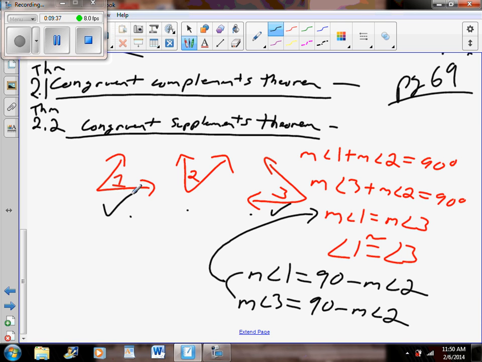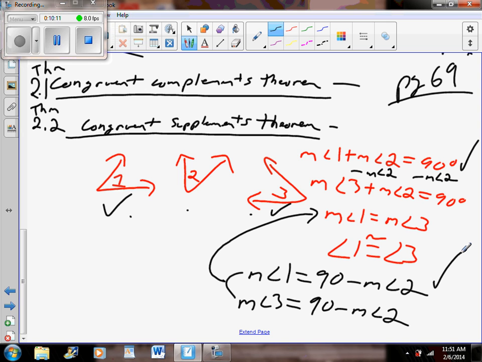Given that the measure of angle 1 plus the measure of angle 2 is 90, one of the things we can state about the measure of angle 1, if I come back up to this equation here and solve for the measure of angle 1, now watch this. If I solve for the measure of angle 1 and I subtract the measure of angle 2 from both sides, I get this statement right here.